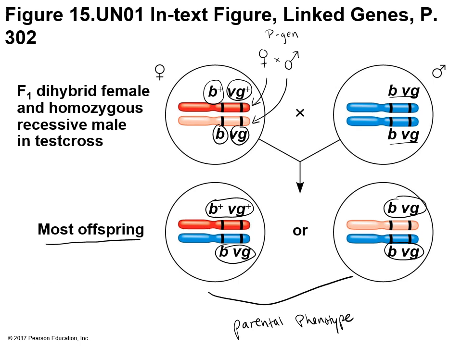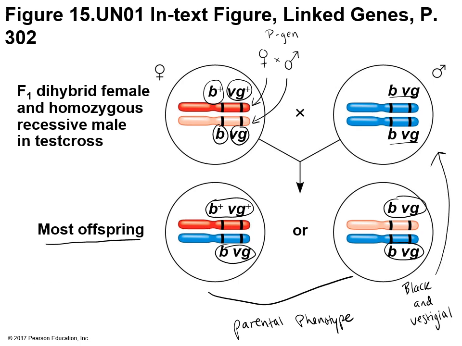And that's because these offspring are going to look like their parents. This one's going to be black-bodied and vestigial wings, which looks exactly the same as the parent here.